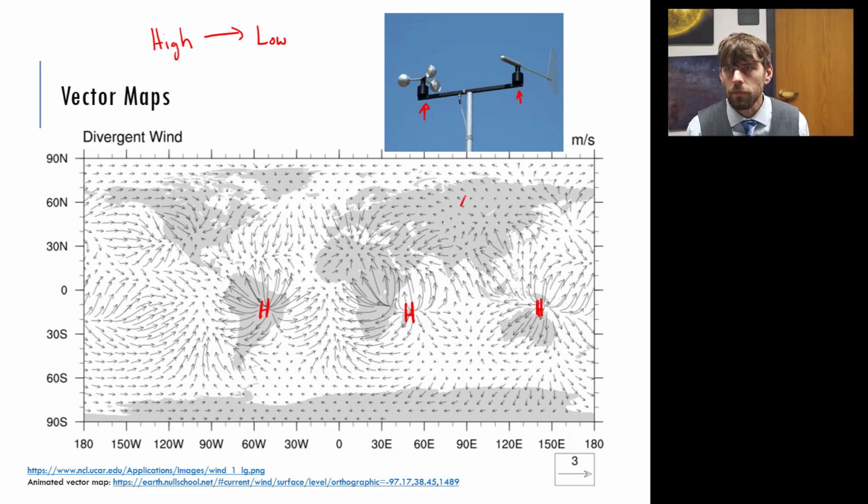Okay? Now conversely, we can get an idea about where the low pressure regions are. If high pressure regions are regions where the vectors diverge, low pressure regions will be places where the vectors converge, they come together. And again, we can start going around and looking, but we're looking for places where the arrows come together.